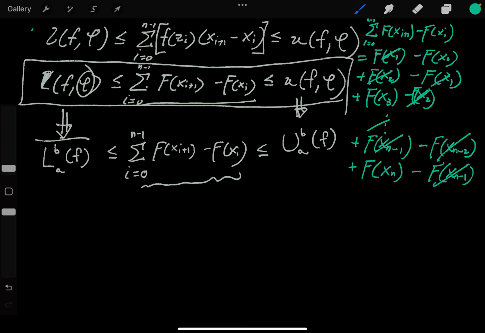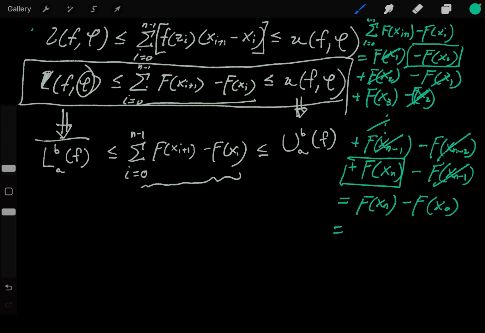And then these will cancel. The only terms that you'll actually have are this and this, which is the same thing as f of xn minus f of x0. But these are the beginning and ending values of your interval. So this is just f of b minus f of a. And that's really nice because that actually starts to look like something that our theorem is trying to prove.